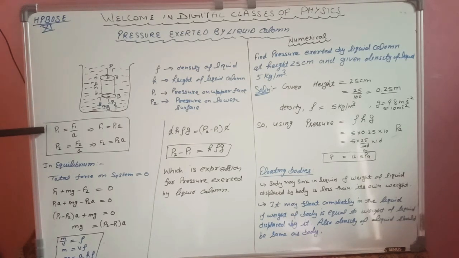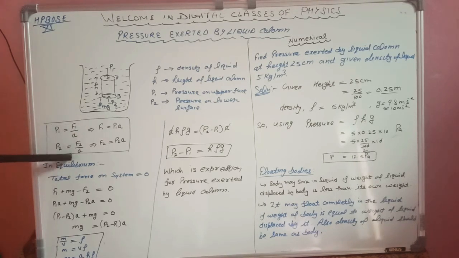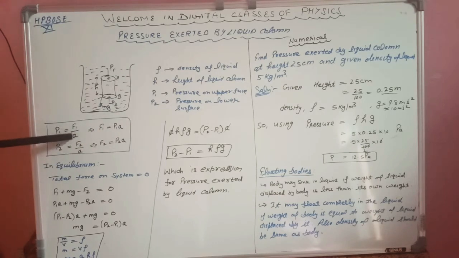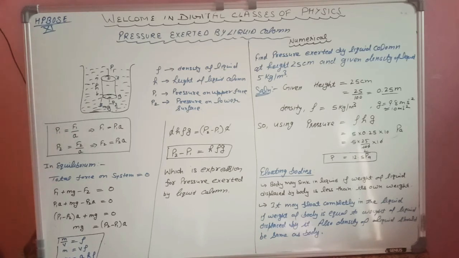So P1 is F1 upon A, and P2 is F2 upon A, and from these two equations we can calculate F1 and F2. F1 will be P1A, directly multiplication, and F2 is equal to P2A. These are the forces on the upper and lower surfaces of the liquid column.